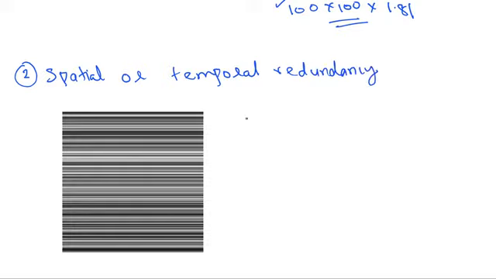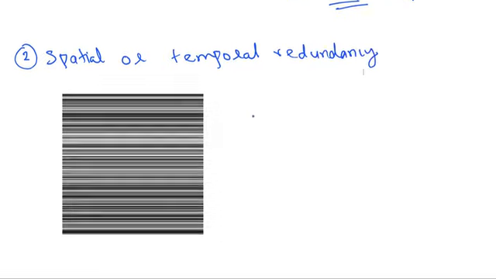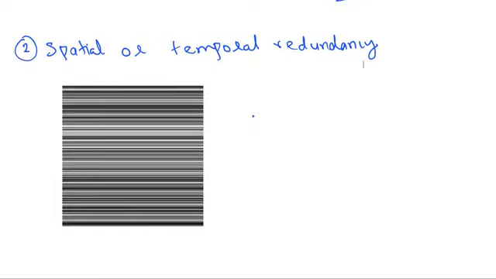In spatial or temporal redundancy, we are looking at a pattern in the spatial domain. For example, if you consider this image, you can see that we have several horizontal strips of line where the intensity value does not change in a single line.